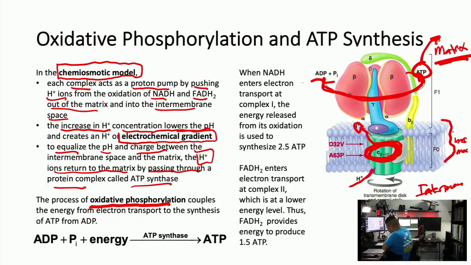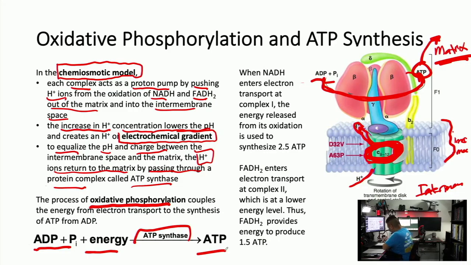So literally the reaction here is we have ADP plus inorganic phosphate plus energy from the protons turning the turbine, right, with the enzyme ATP synthase to make ATP. And that's how ATP synthase works. It's quite the molecular model.